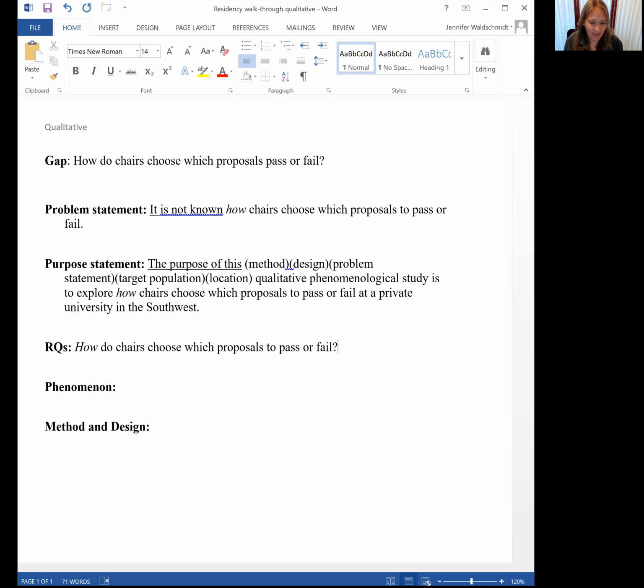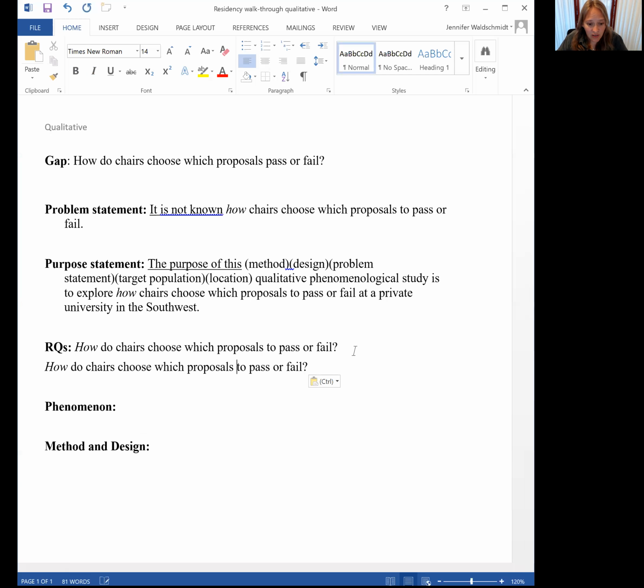Now let's say that there's a theory out there that deals with this, and they say that there's 3 important things in proposals that chairs are examining. For the sake of argument, I'm just going to call them thing 1, thing 2, and thing 3. So if that's what our theory says, I'm going to incorporate that theory into our research question here.